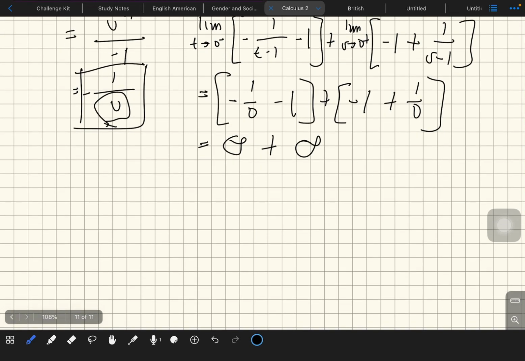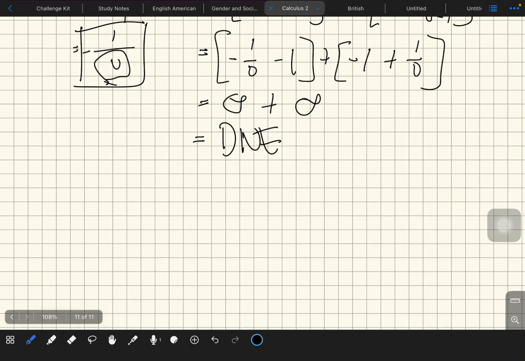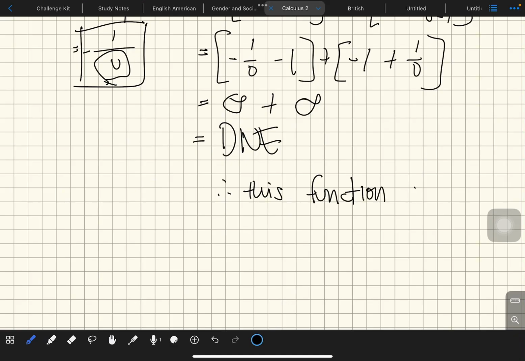So therefore, the answer is D and E. Therefore, this function is divergent.